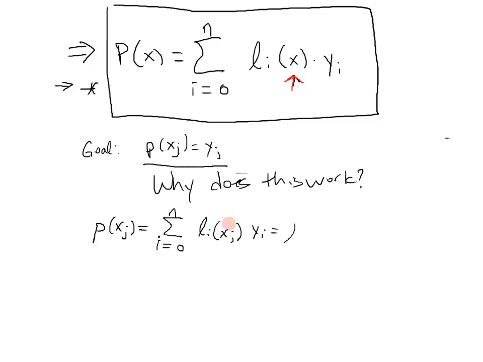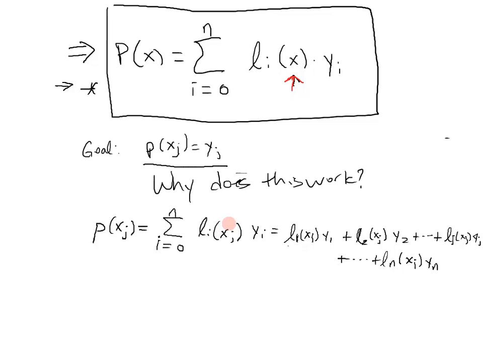So this would be like L1 of xj y1 plus L2 of xj y2 plus all the way out. And at some point, you're going to have an Lj of xj yj, and you're going to keep going all the way to the end, Ln of xj yn.